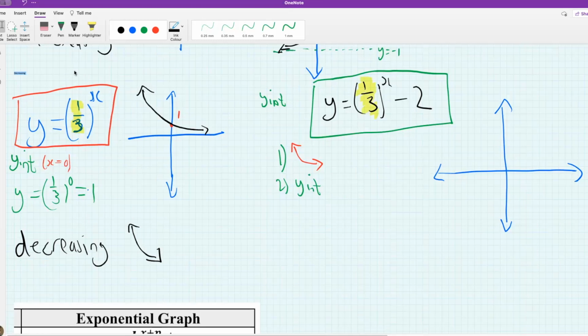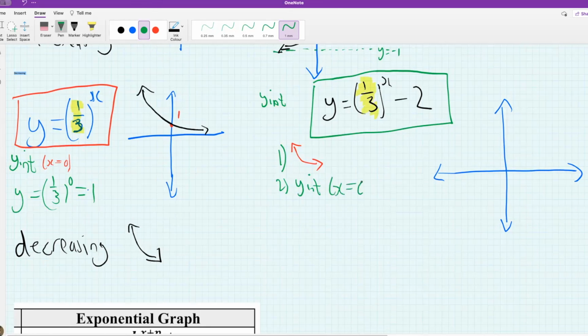So when you're done, I'm looking for a done in the chat. Or y-intercept if you've got the y-intercept for this graph that I'm trying to draw.